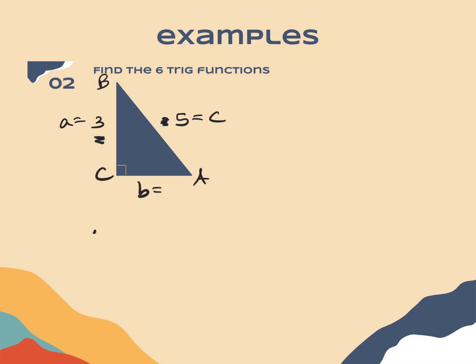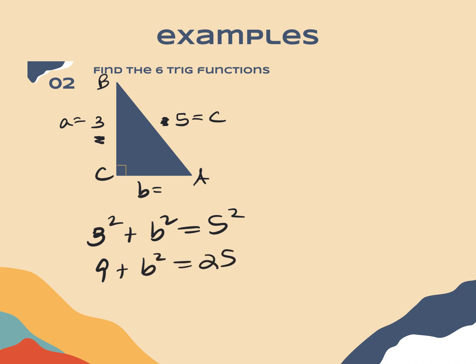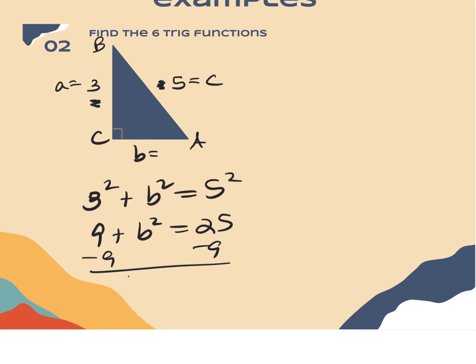So here, 3 squared plus B squared equals 5 squared. 9 plus B squared equals 25. Subtract 9. B squared equals 16, square root it, and B equals 4.